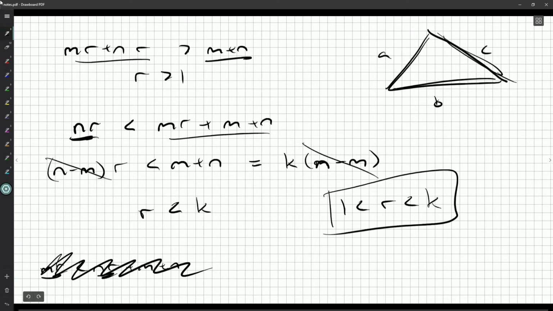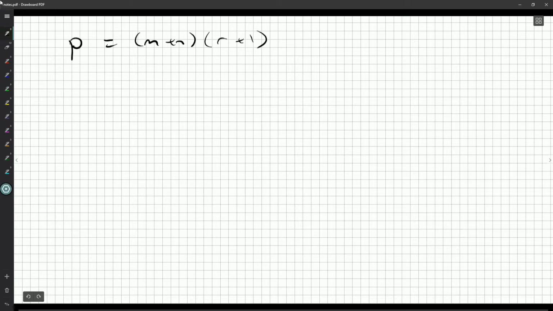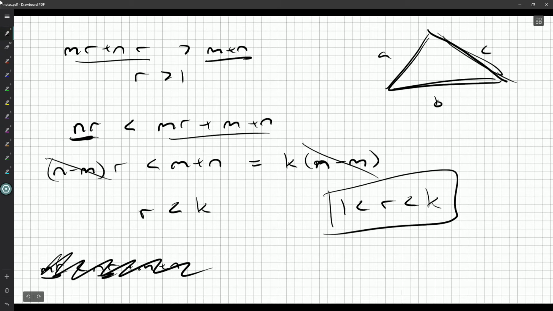So this sort of limits what R can be, which in turn, given that M and N are sort of fixed, tells me something about P. So P is M plus N times R times R plus 1. R has to be between 1 and K. So R plus 1 is between 2 and K plus 1. Right?